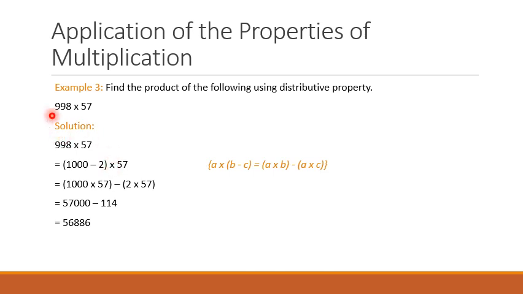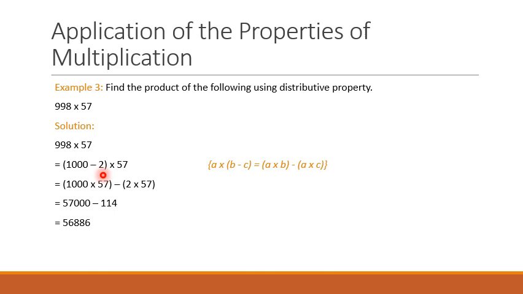Here I have taken an example. Find the product of the following using distributive property: 998 multiplied by 57. Now the number 998 can be written as 1000 minus 2.